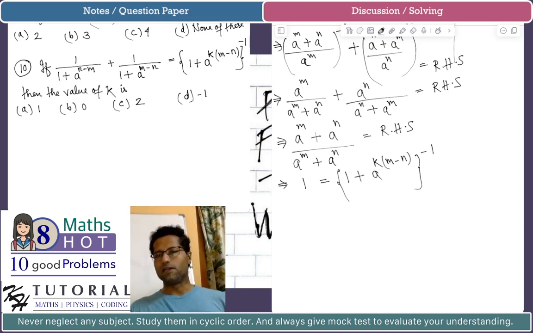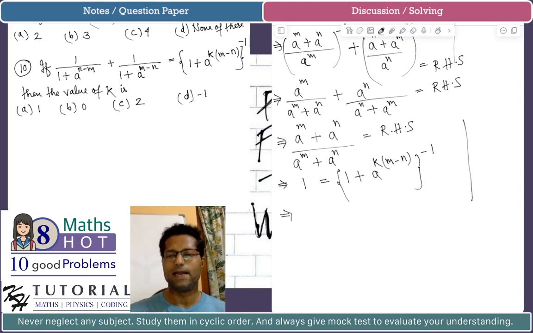Now the right hand side is a reciprocal of something and it is equal to 1. We know that 1 is equal to the reciprocal of 1, that is 1 to the power minus 1.